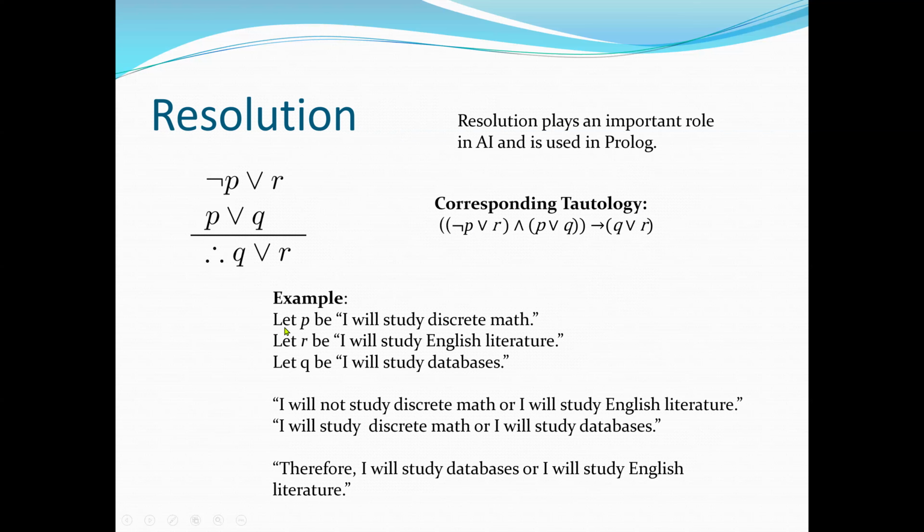So example here, we say let P be, I will study discrete math. Let R be, I will study English language. Let Q be, I will study databases. So here we can say, I will not study discrete mathematics, or I will study English language. And I will study discrete mathematics, or I will study database.